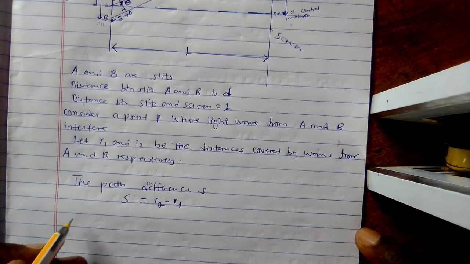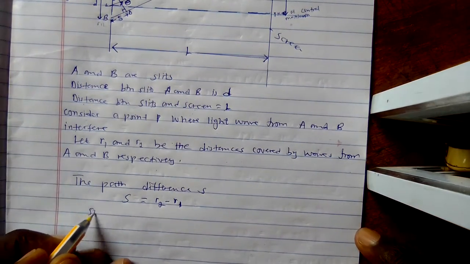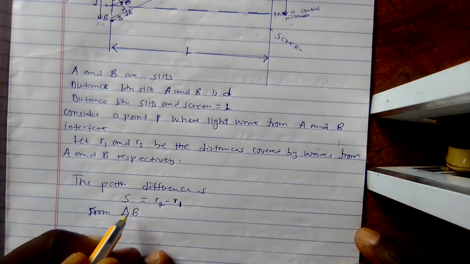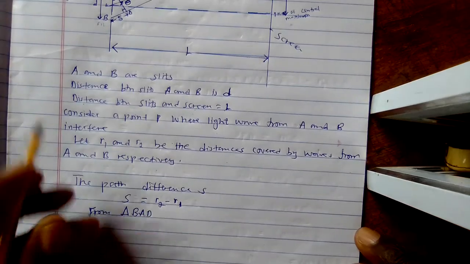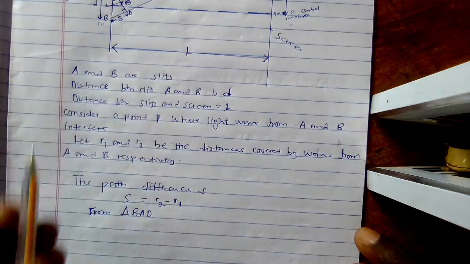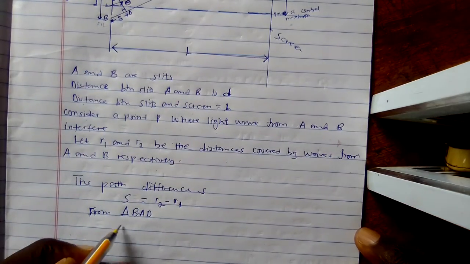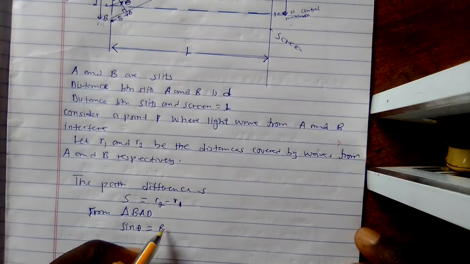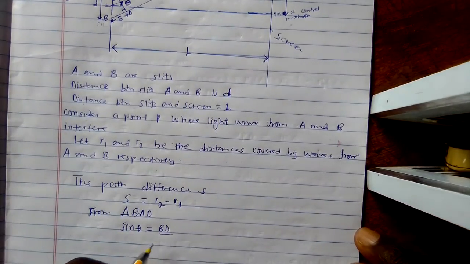Now if I look at this triangle here, from triangle BAD, we shall have that sine theta is equal to BD over AB.